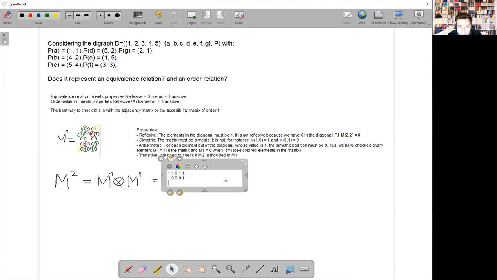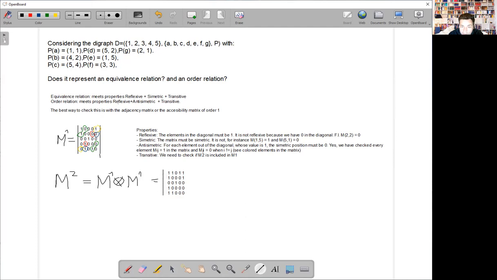We go to the third row, and we multiply it by the first column, the second, the third, the fourth, and the fifth column. We go to the fourth row, we multiply it by the first column, the second column, the third column, the fourth column, and the fifth column. And finally, we go to the fifth row, and we multiply it by the first column, the second column. Sorry, there's a 1 here. For the third column, the fourth column, and the fifth column.